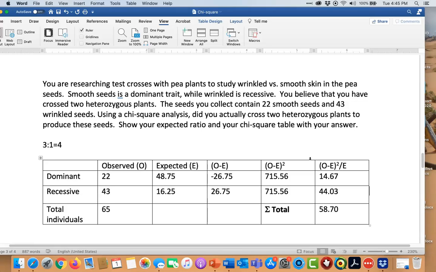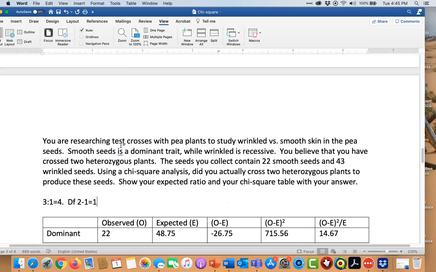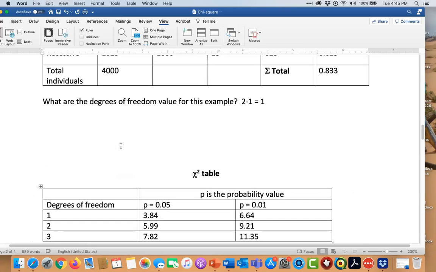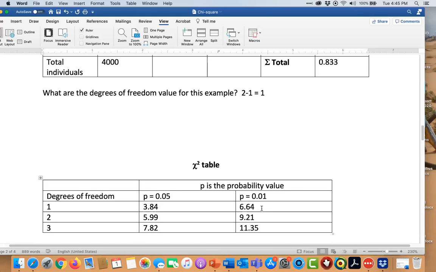And again, we've only got 2 degrees of freedom. Or sorry, it's 2 minus 1. So 1 degree of freedom. So a chi-square of 58.7 with 1 degree of freedom. We scroll up to our table here. We are well above the P of 0.01, since that's 6.